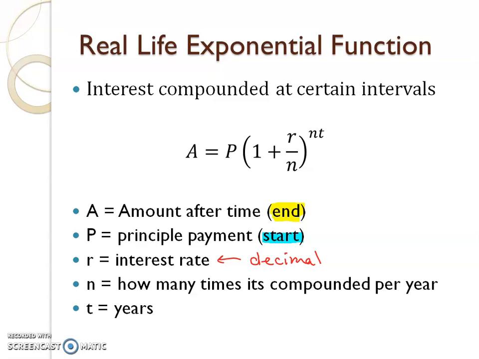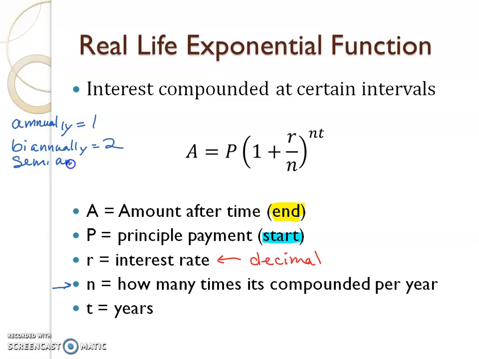Now, the only other thing I want to cover is this n, as far as how many times, with some basic words that you can see. I already said annually. Annually would be an n value of 1. Biannually is 2.